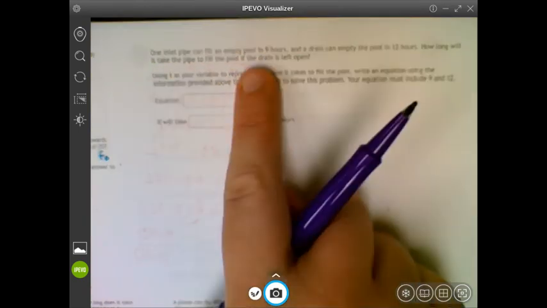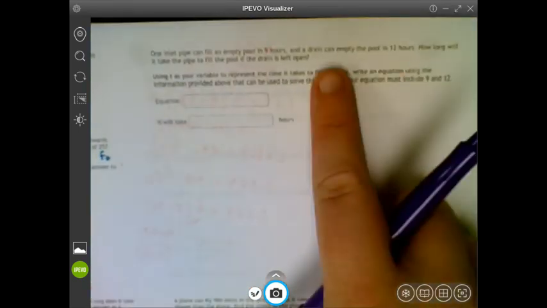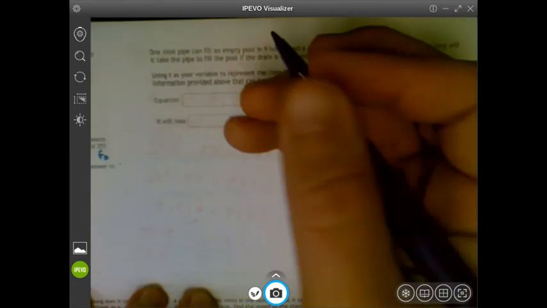So this is what we call a work problem. And typically we talk about working together, like if you have one person and then you have another person and then they decide to do the task together. This is kind of like you have somebody filling and then something emptying, and so they're working against each other. So here's how this is going to work.